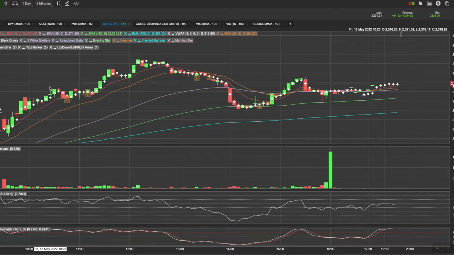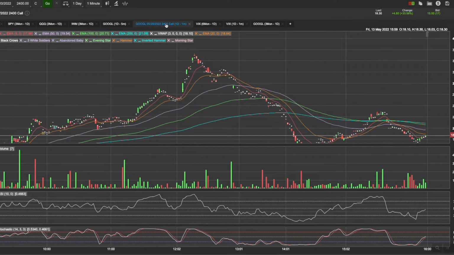On that move on the daily on Friday, it moved up to right around here, and I may have gotten out a little bit earlier on this rip right here. Because what happens, I sold right in there, and if we look at the price of the options, that was this move right here.